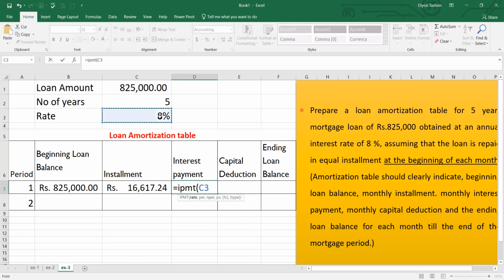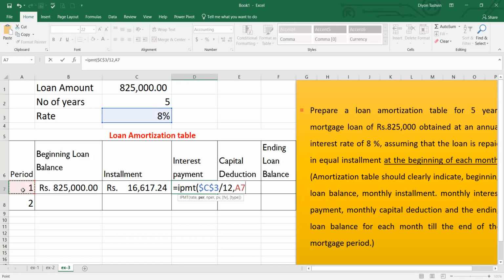Since it is on a monthly basis, we have to divide it by 12 and we have to fix it. Then we have to put the per. Per means the current period. So here, since we are in the first period, we have to refer to the period number 1 cell.